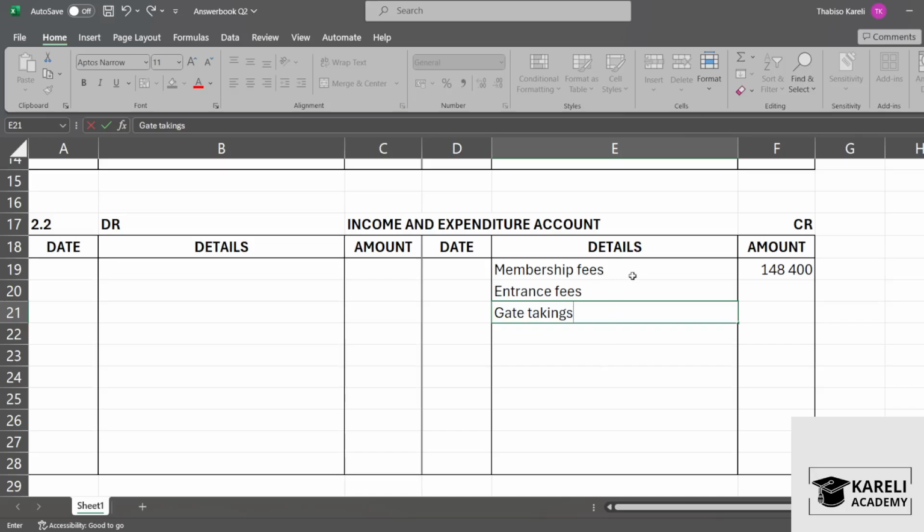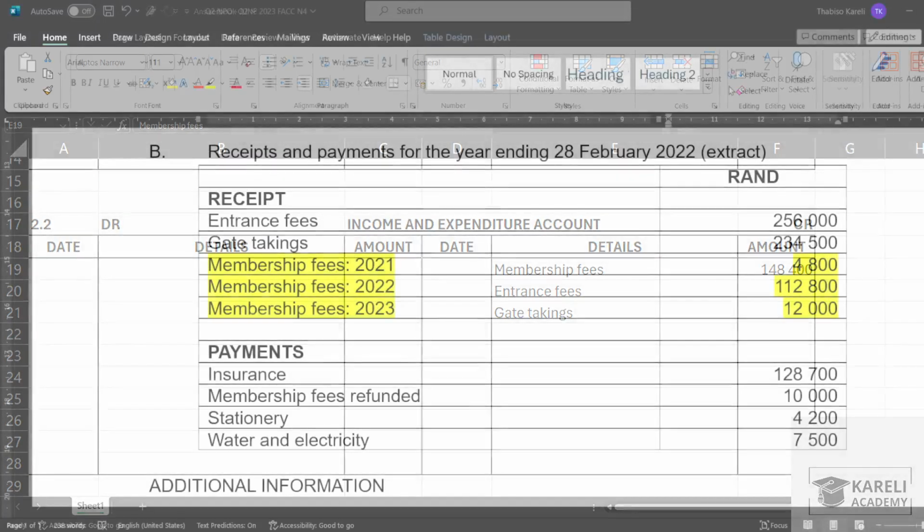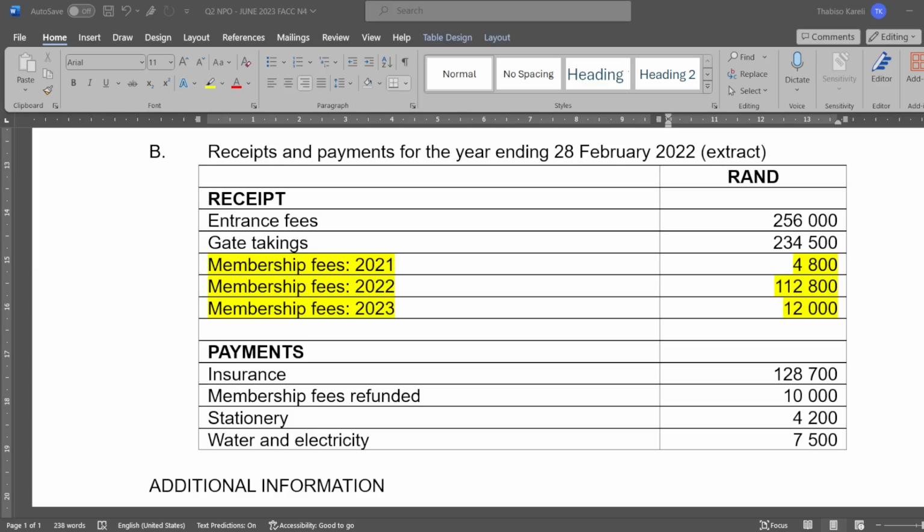We will have the entrance fees, also the gate takings. Now, membership fees, we have it already. We have transferred it from the membership fees account. Then let's check what else we have from the question paper on the receipt side. Nothing.